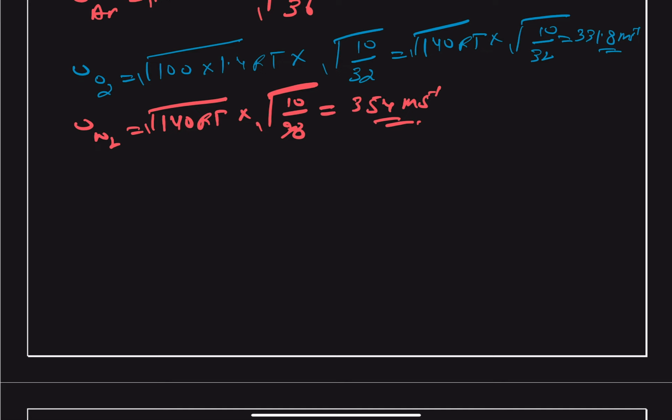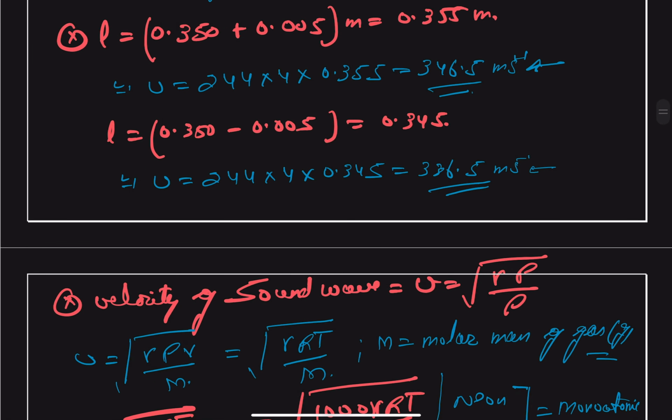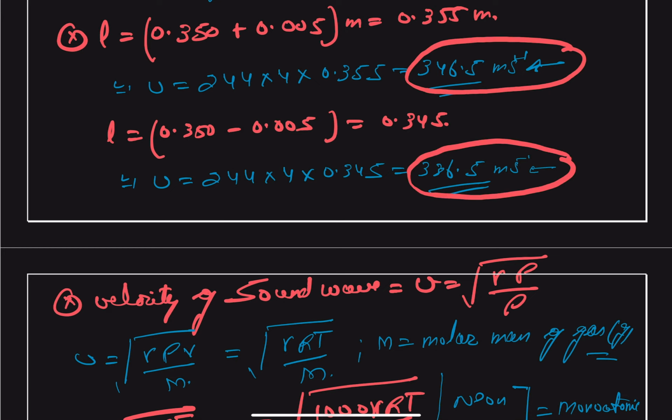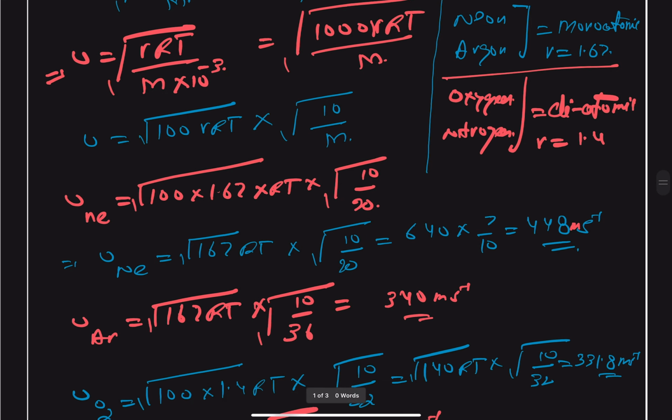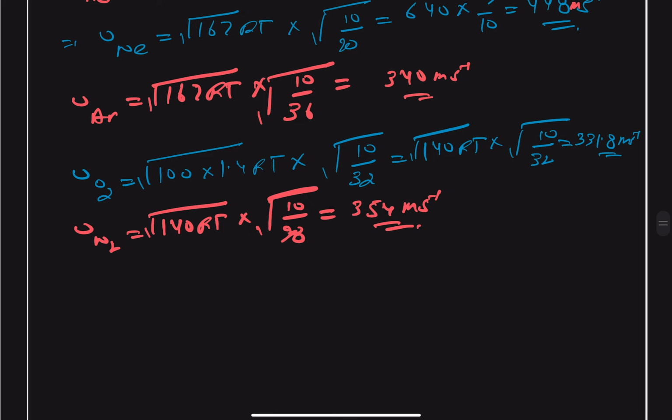And according to the velocities which we calculated, the velocity should lie between the range of 336.5 and 346.5, and this is only possible for our argon gas.